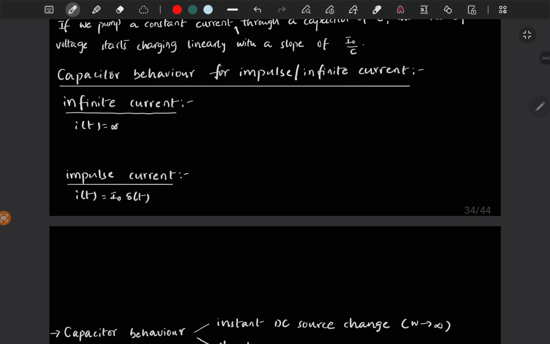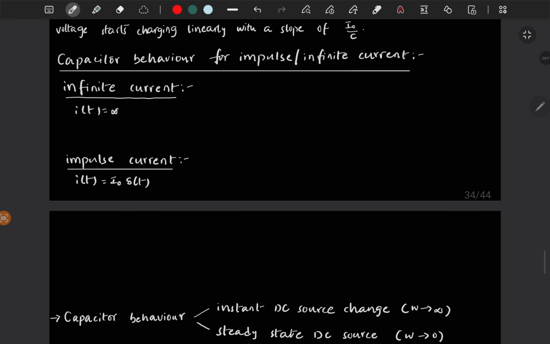Now, what if you give infinite current or impulse current through a capacitor? So first of all, what does this impulse current mean and what does infinite current mean? Infinite current is not practical, because how can you pump an infinite current from any source?